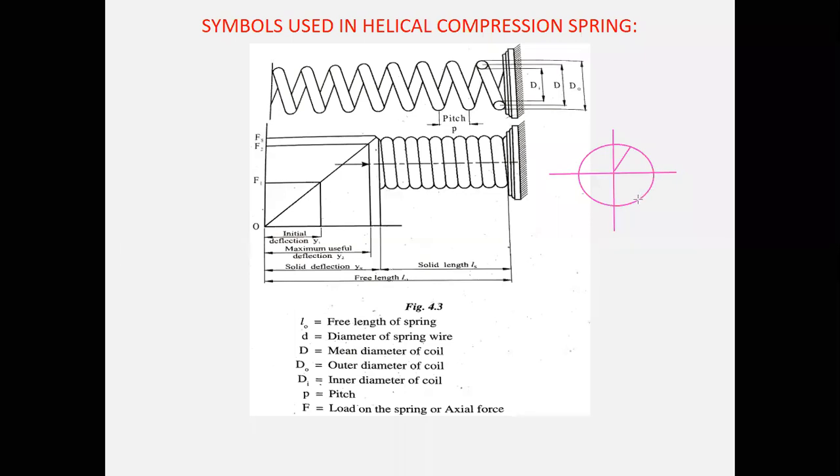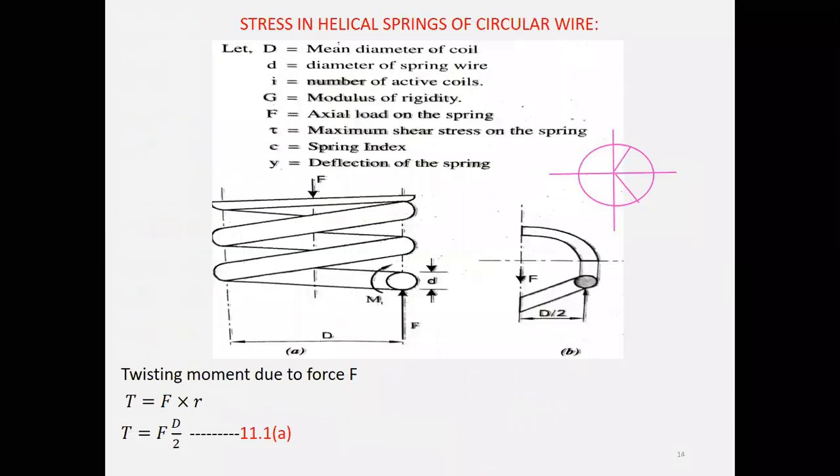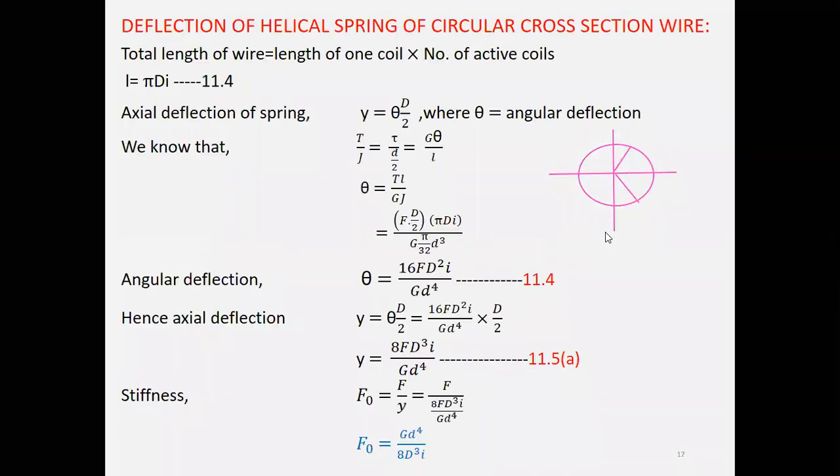That's why this point will come here. For example, if this is a point here, under compression it will be shifted here, and under tensile it will be shifted to this point.